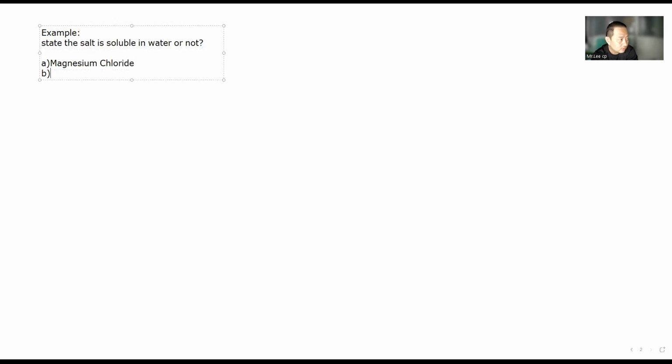B, lead, you have to put in lead 2, sulfate. C, zinc, aluminum carbonate. Lead nitrate.